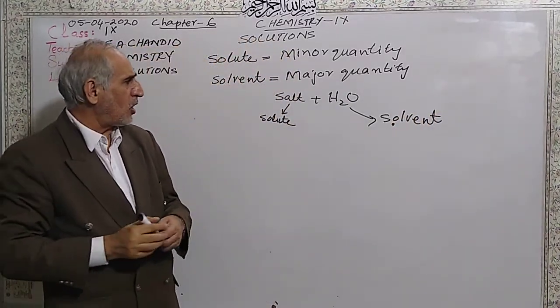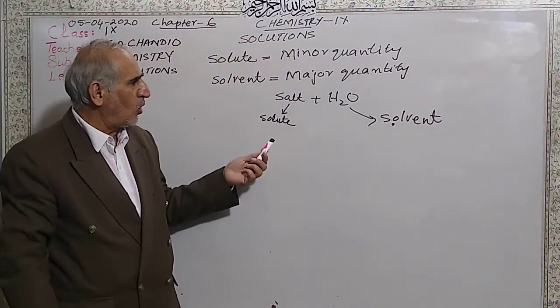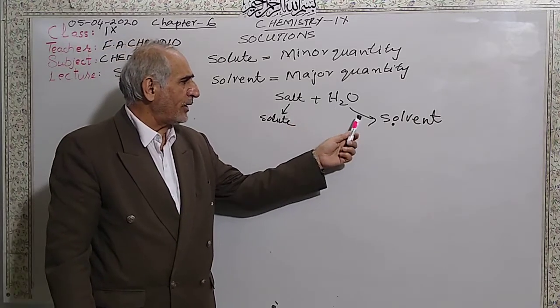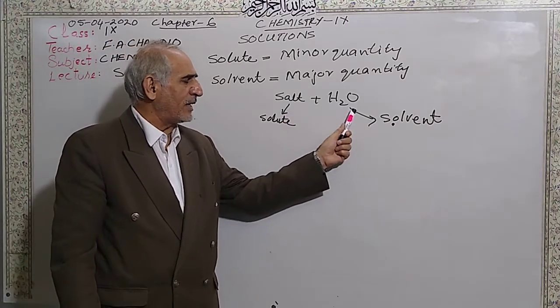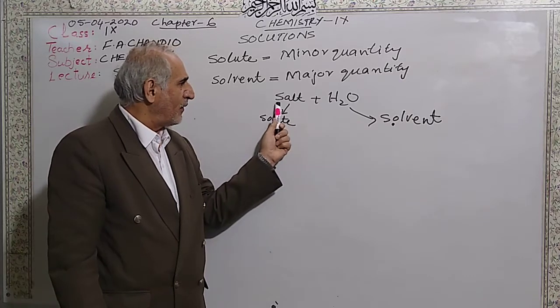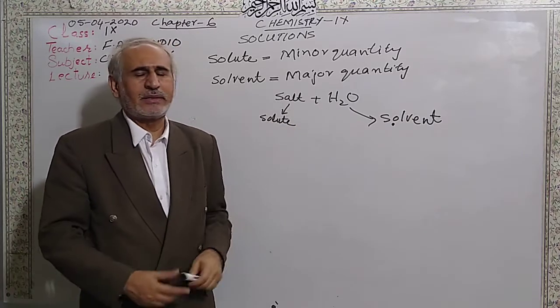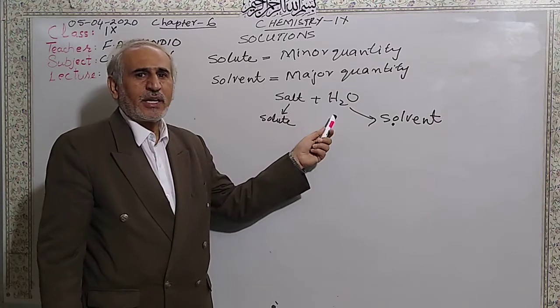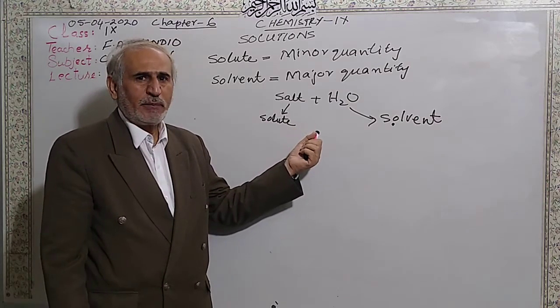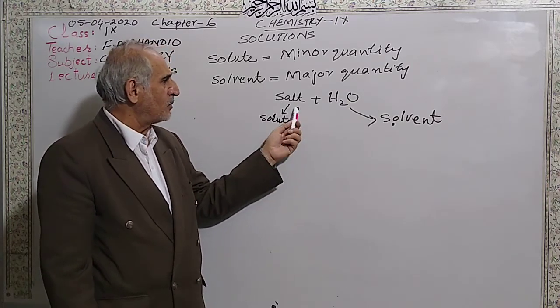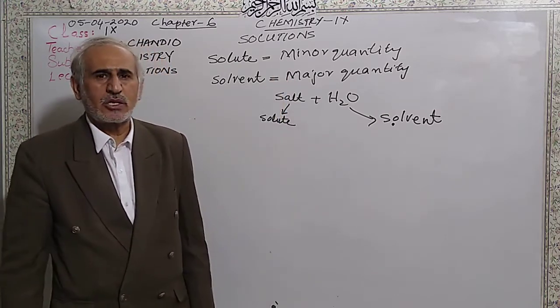So when salt, sugar, alcohol dissolve in water, this is a solute and this is a solvent. When they mix with each other with a uniform composition, a single phase comes, this is called a solution.